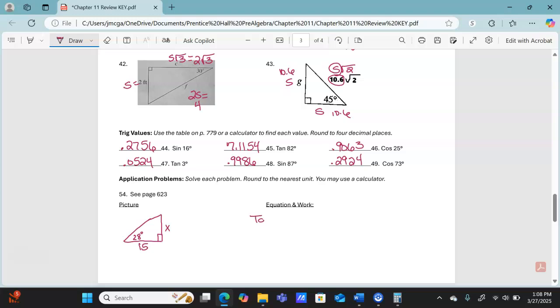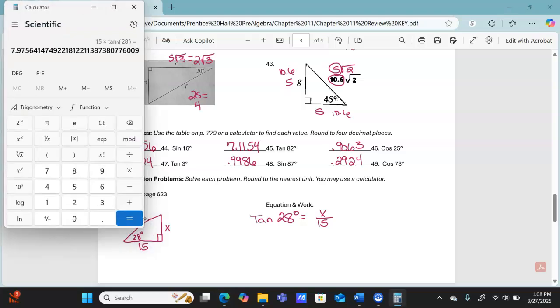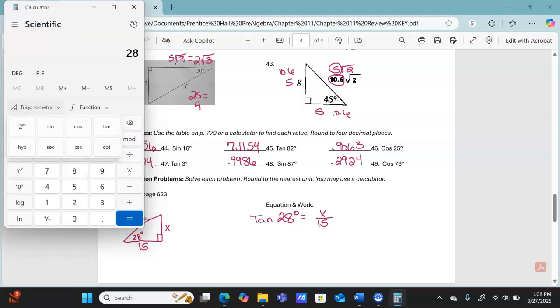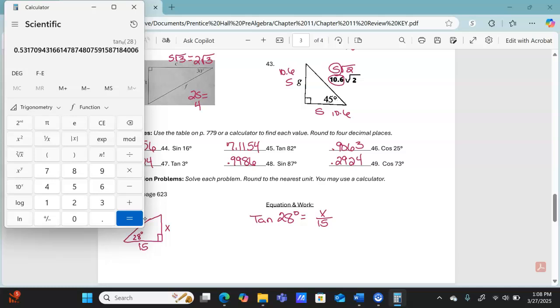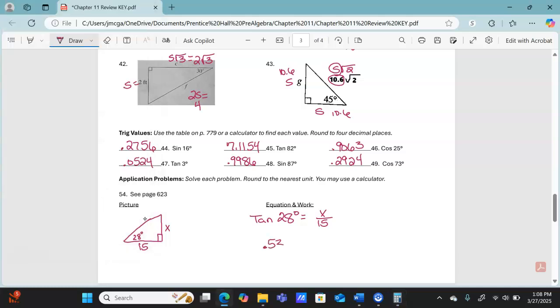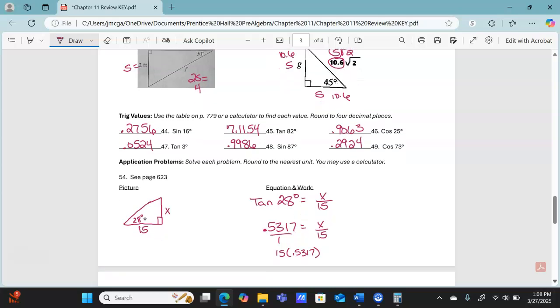So this is the tangent of 28 degrees is equal to x over 15. And so the tangent of 28 is 0.5317. And then we could cross multiply, so we have 15 times 0.5317 equals x.